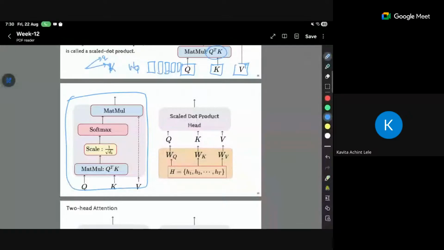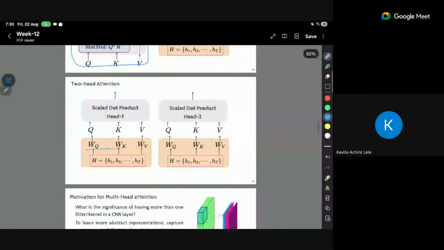So WQ, WK, WV are going to be different, and you can initialize that. So that is called multi-headed attention, right? You can see we have different this and different this. So you can give a subscript to this. It will produce something like this, right? So the initial embedding could be similar.